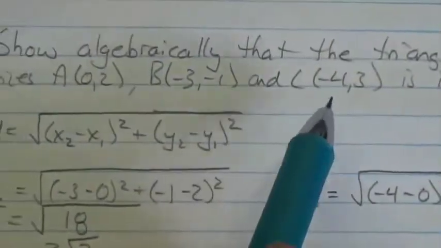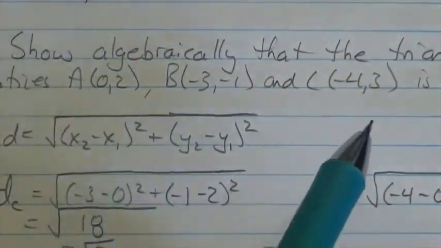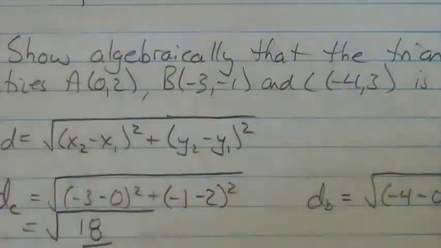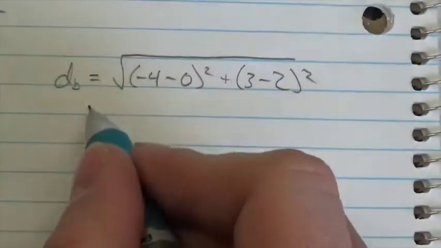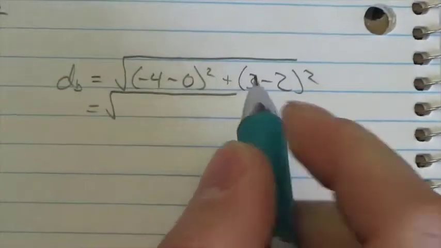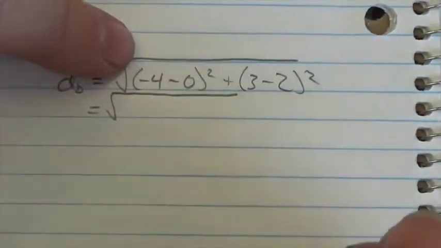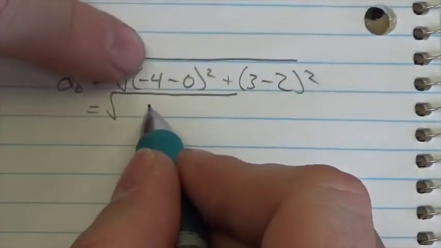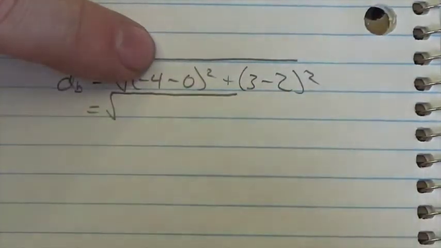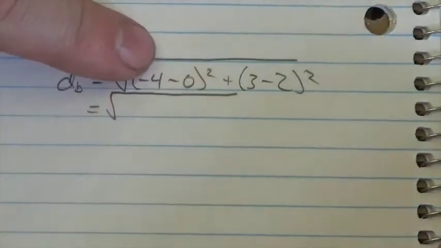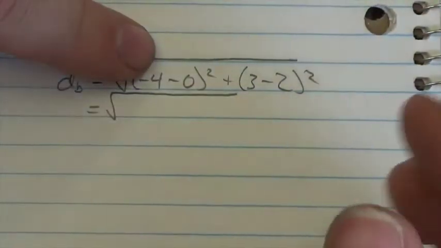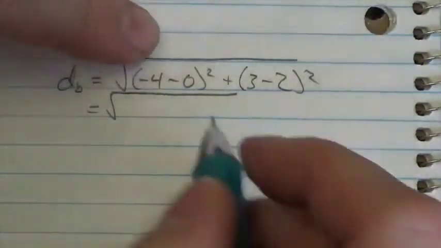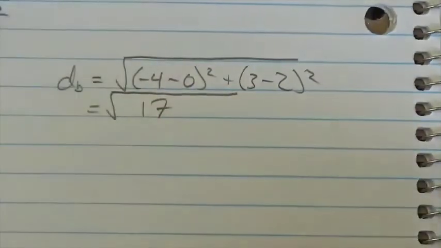So x minus x squared plus y minus y squared. Let's see what we get. Negative 4 minus 0 is negative 4, squared is 16. 3 minus 2 is 1, squared is 1, so put those together and we get the square root of 17.